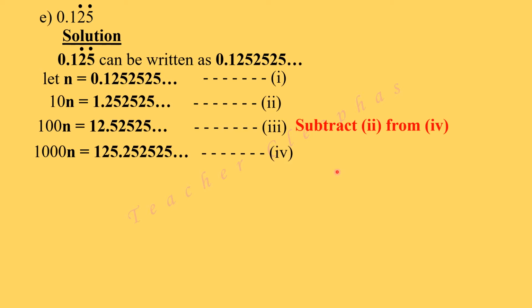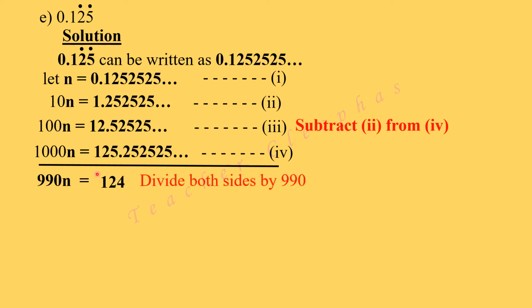So let us subtract equation 2 from equation 4. This gives us 1000n minus 10n, giving us 990n. Then this part minus this one here gives us 124. We now need to divide both sides by 990. Then by 990 we have 1, and by 990 we have 1.